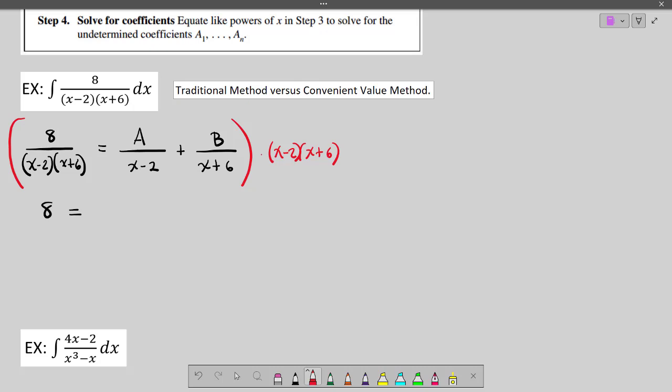On the left, the denominator cancels. On the right, we have to distribute. When this pair of factors comes over here, the x minus 2's are going to cancel. So we're going to have A multiplied by x plus 6 plus B. When this pair of factors multiplies to this fraction, the x plus 6's cancel. So we end up with that as our simplified PFD equation.